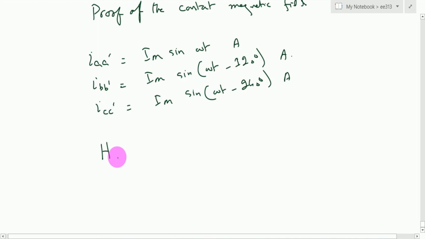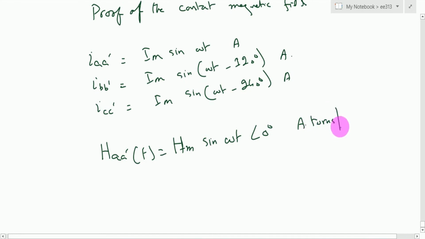So the magnetic field H, because of the current in AA dash, is equal to Hm sine omega t at an angle of 0 degree, and this will be in ampere turns per meter.